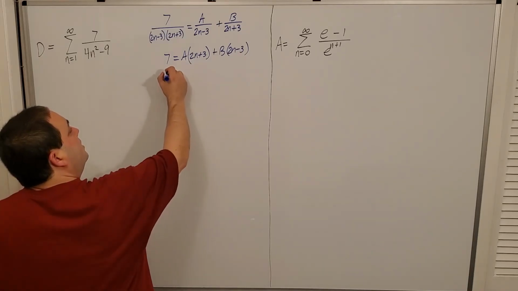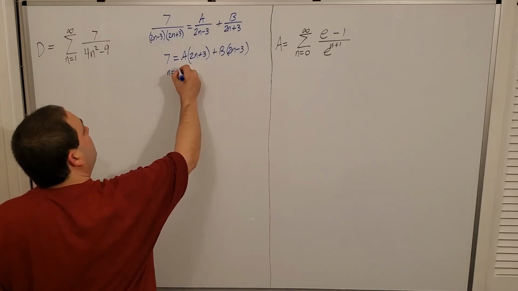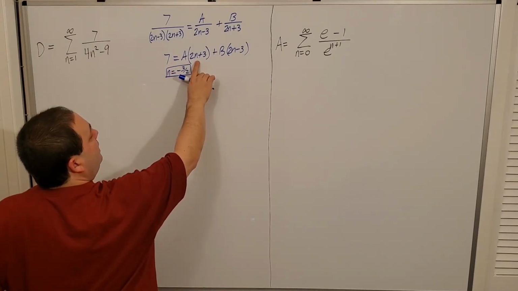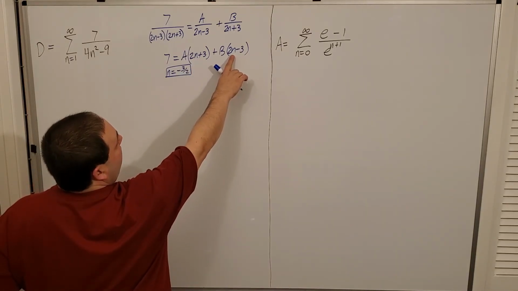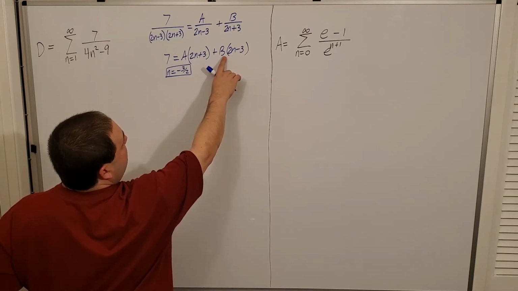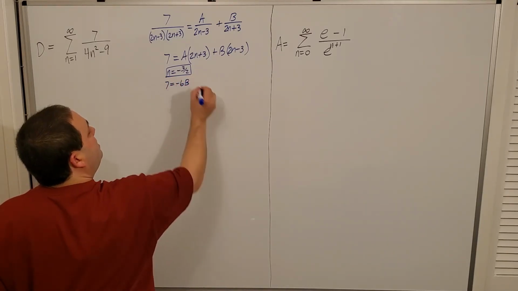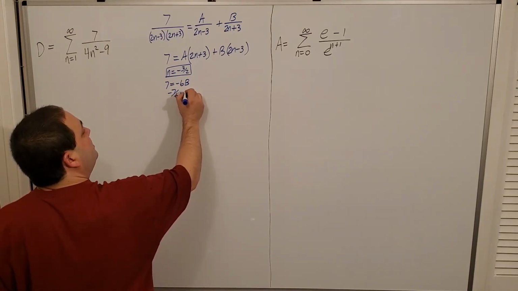I will use the substitution where n is equal to negative 3/2. That will zero out this one and leave me with negative 6 times B. So 7 equals negative 6B. Therefore, negative 7 over 6 is B.